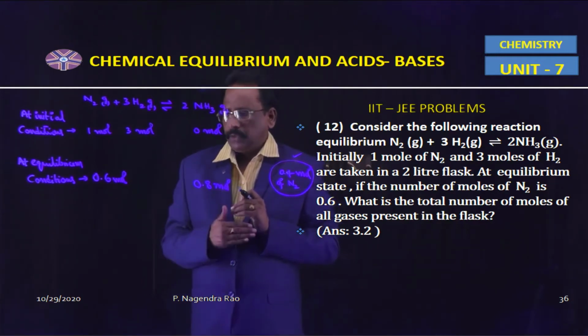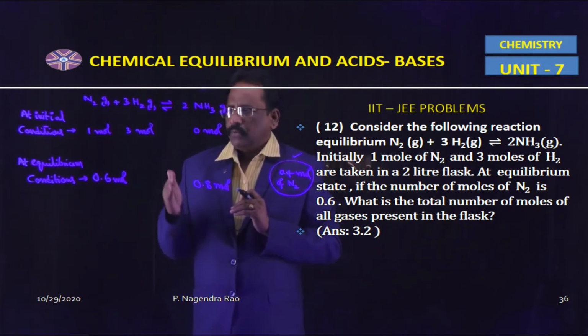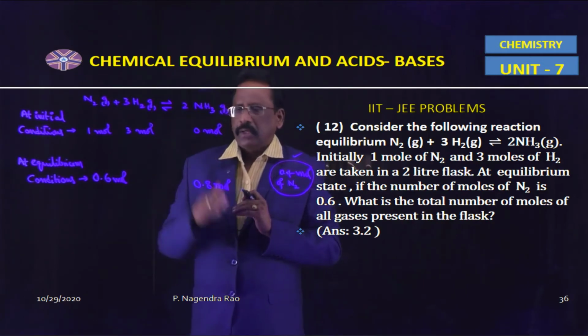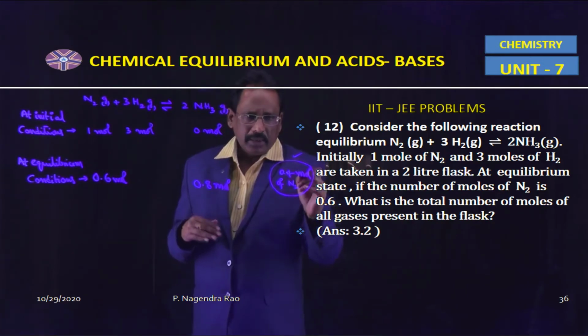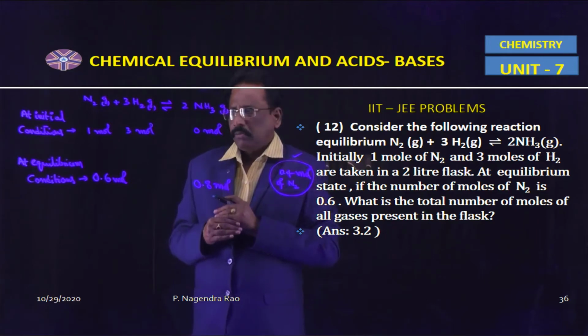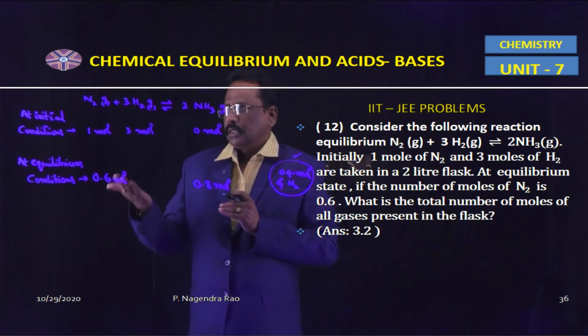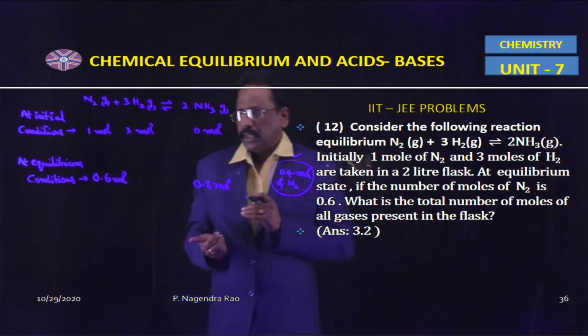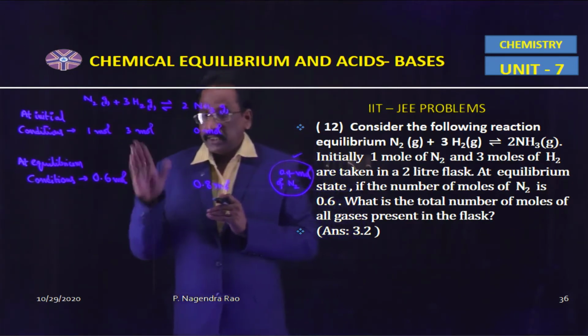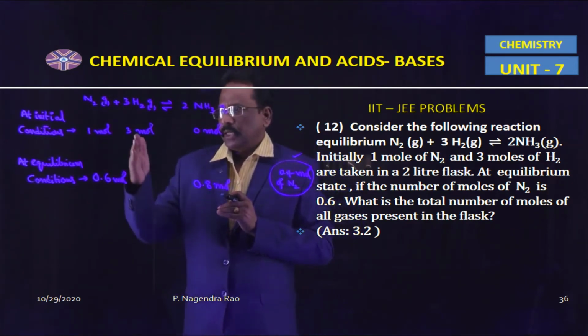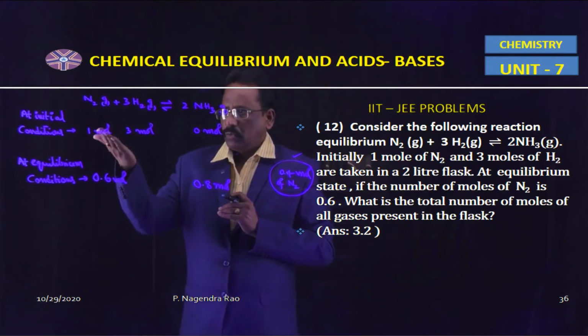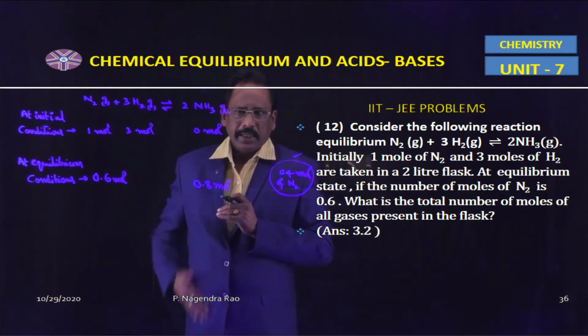But in this problem, the number of moles of nitrogen gas involved in this reaction is 0.4 mole, because at equilibrium the remaining number of moles of nitrogen gas is 0.6. That's why the amount involved in this reaction is 1 minus 0.6.